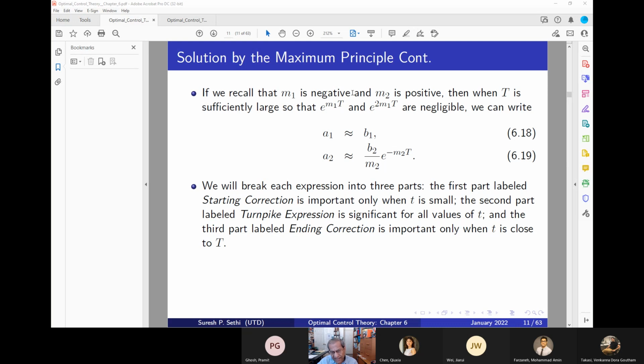So M1 is negative and M2 is positive, and assume T is sufficiently large so that these guys are negligible. Because when T is very large, this is very small.